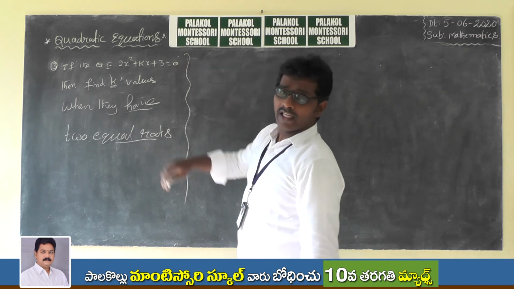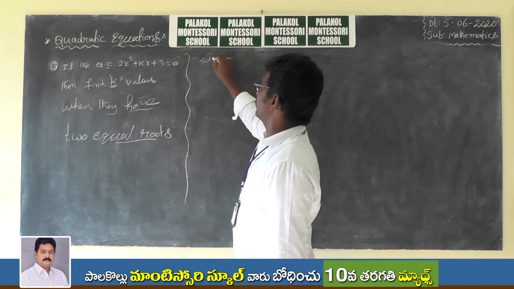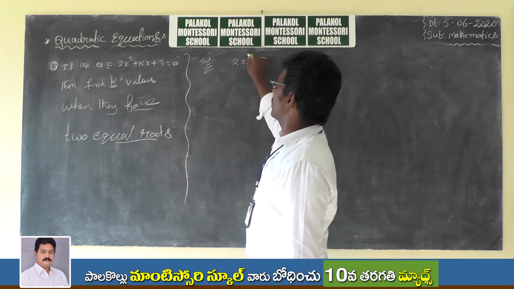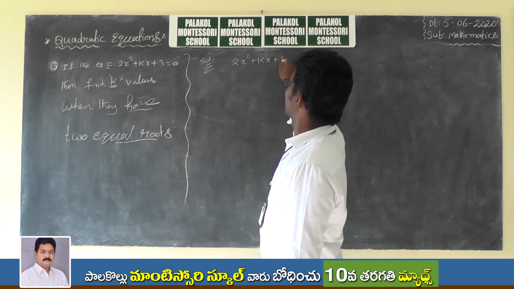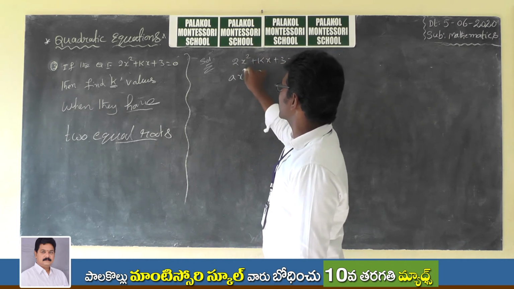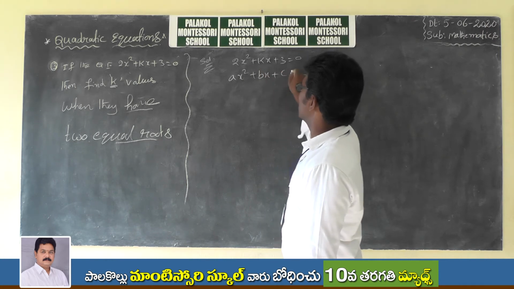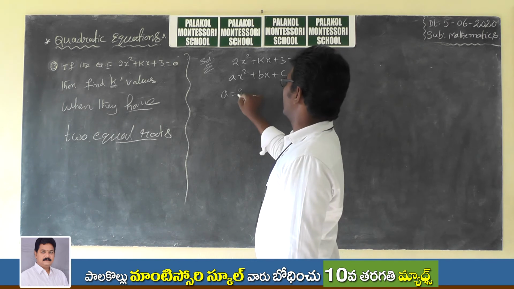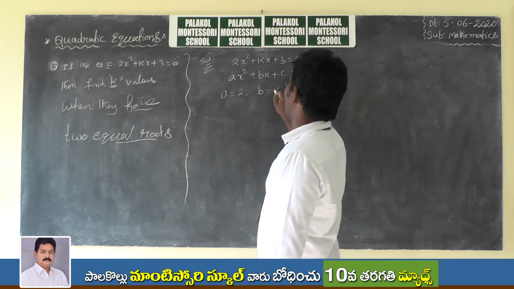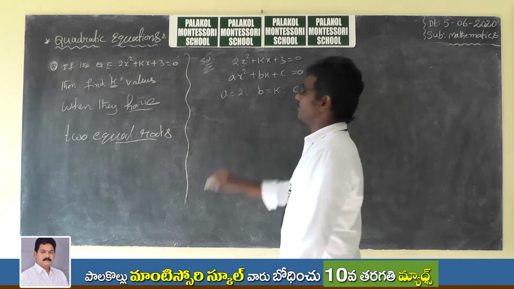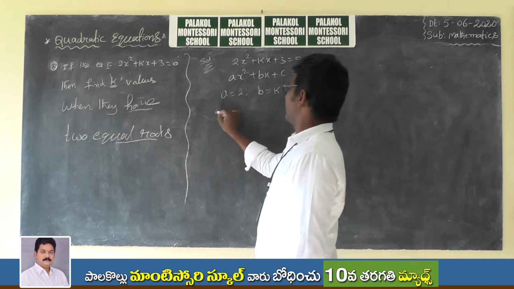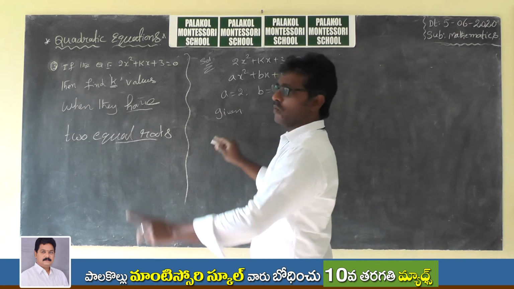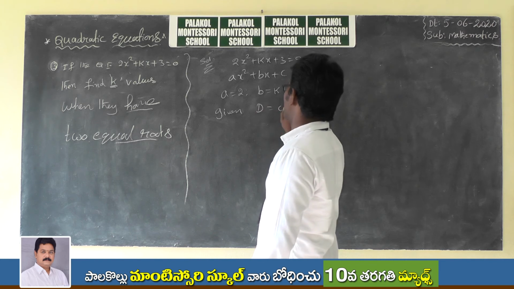Now I write the quadratic equation solution. Write the first quadratic equation. This one is comparing ax square plus bx plus c is equal to 0. So here a is equal to 2, b is equal to k and c is equal to 3. Given equal roots means D is equal to 0.